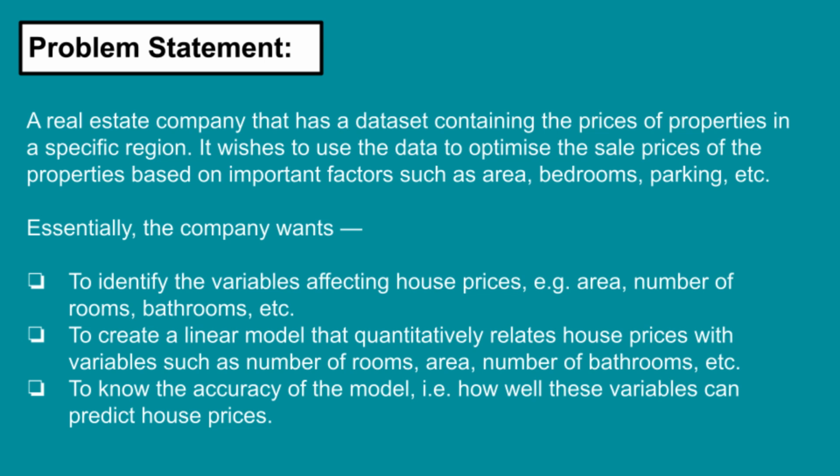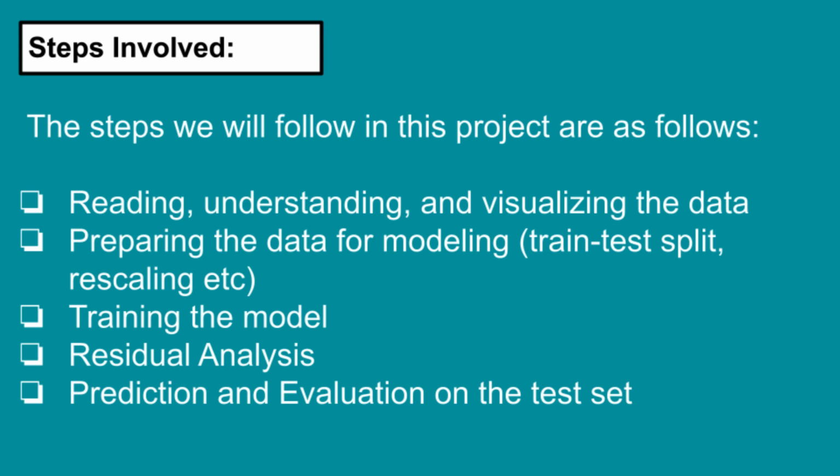So we have divided this project into multiple steps. When we're building the model, there are multiple steps that we will follow. Let's start with reading and understanding. First we will read the data and understand it, then we will visualize the data, and then we will prepare the data for modeling.